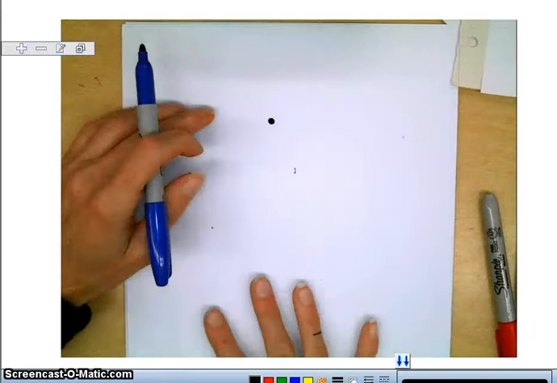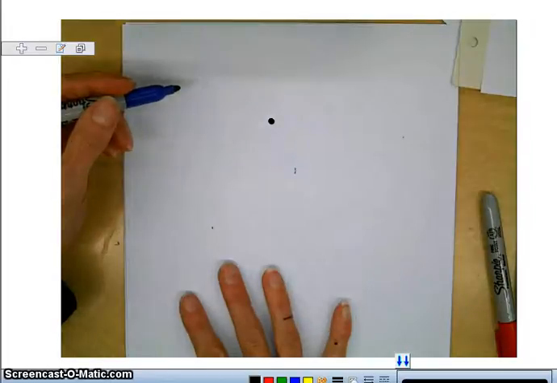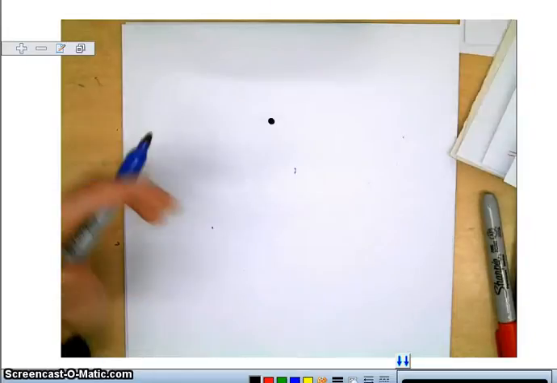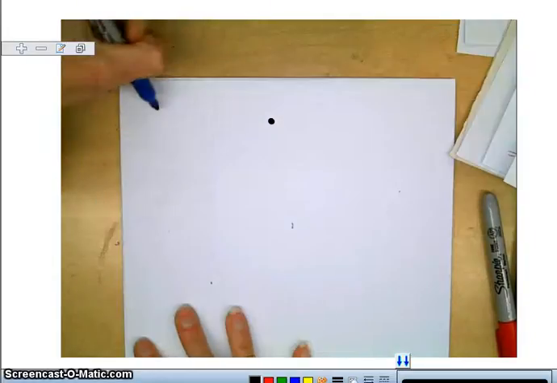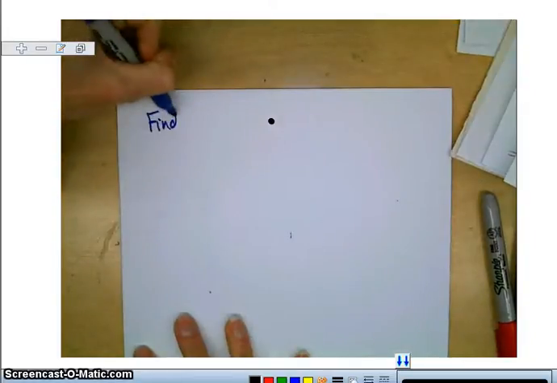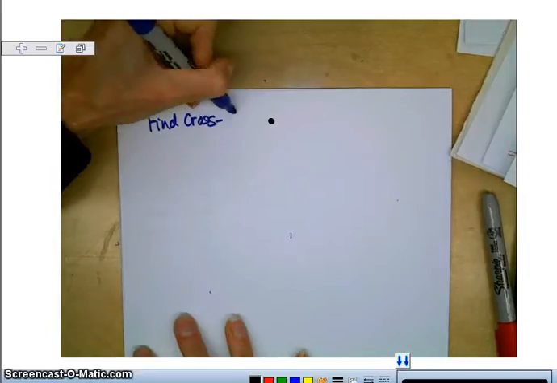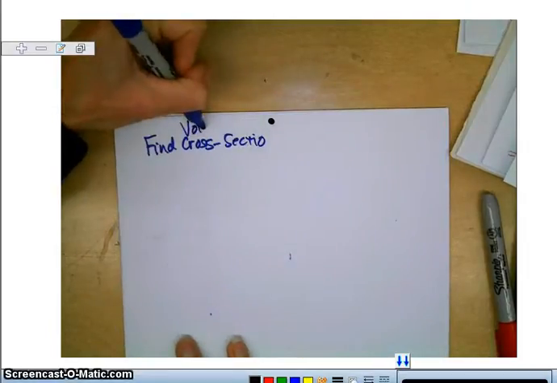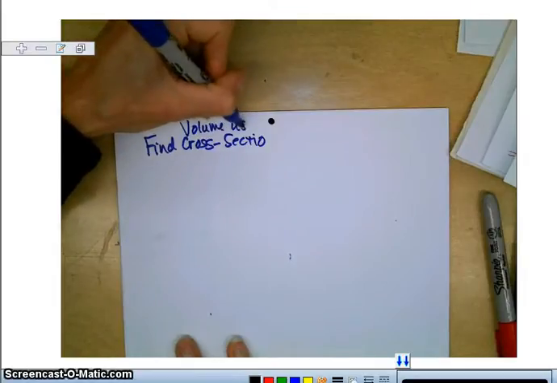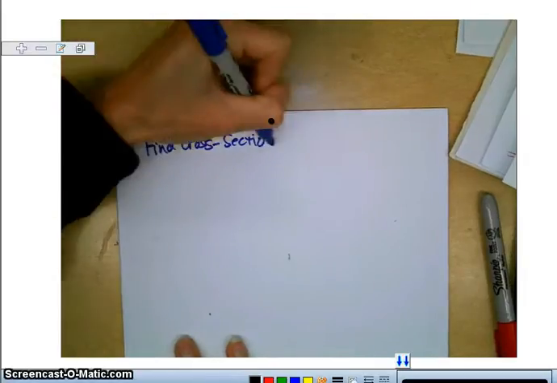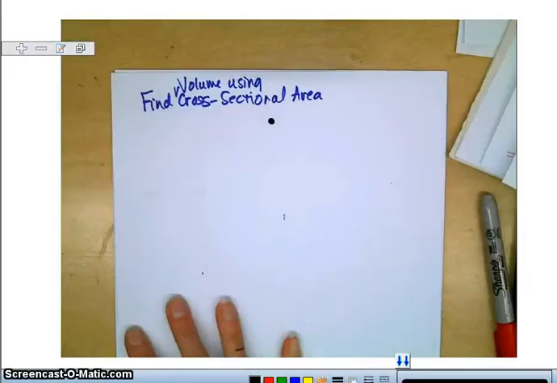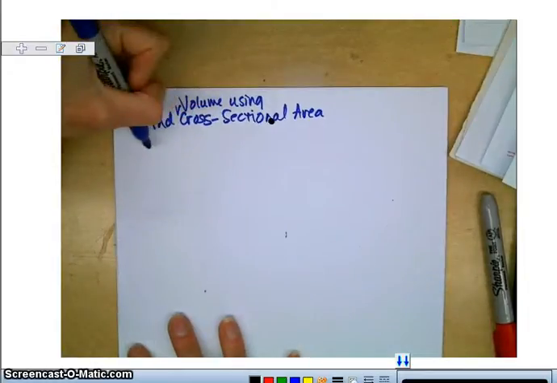We want to find the cross-sectional area. Okay, so find volume using cross-sectional area. We've got our function here.